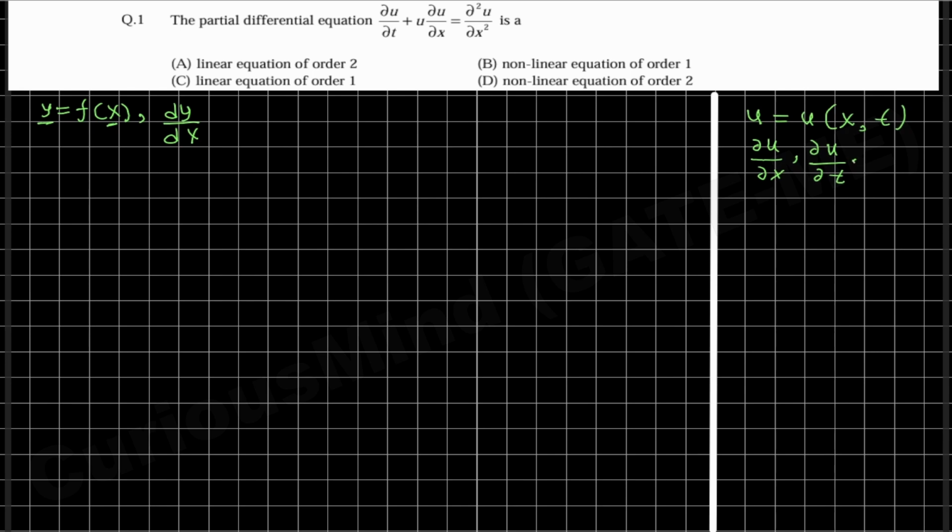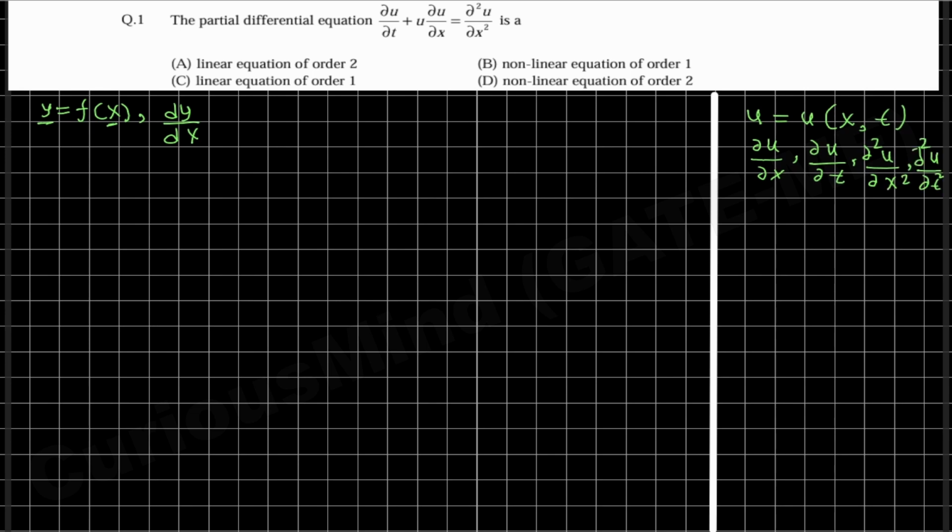And likewise, we can also write second order partial derivatives of u with respect to x and with respect to t.